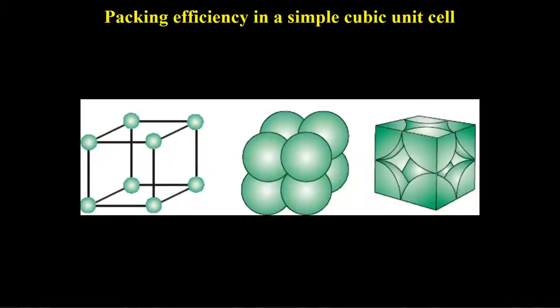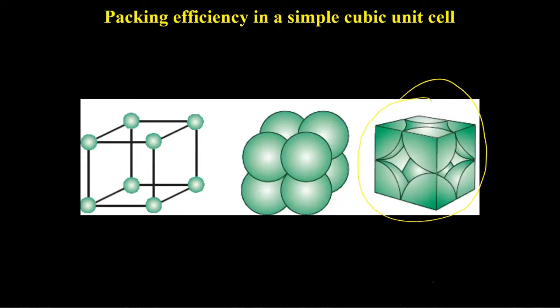How do we calculate it? For a simple cubic unit cell, where there are only corner atoms, try to understand that all the atoms are touching one another. If we have the cross-sectional view of the unit cell, each corner has a 1/8 contribution, 1/8 part of the atom.